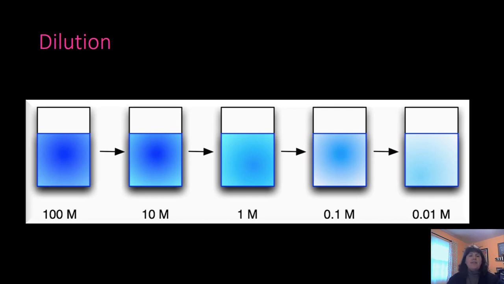So if we look on the left side, you've got a very concentrated solution, as indicated by the dark color, and it's a 100 molar solution. Wow, that 100 molar, that's concentrated. And each time, your concentration gets decreased. And how do we dilute something? Well, we add water. That's pretty much all there is to it.